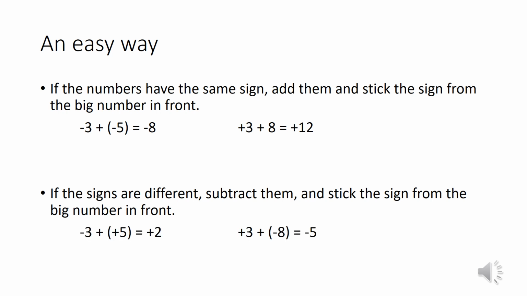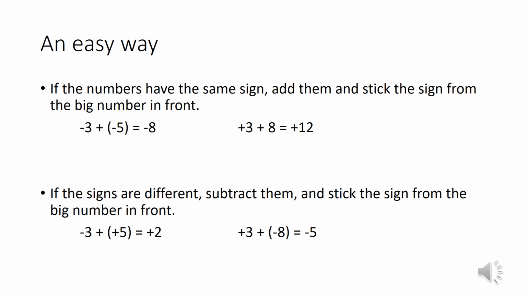And for the other examples, same concept. If the signs are different, subtract the numbers and stick the sign from whichever number is bigger in front of your answer. So negative 3 plus positive 5, signs are different. Subtract, I get 2. 5's bigger, it's got a plus sign in front of it, so the answer is positive 2.